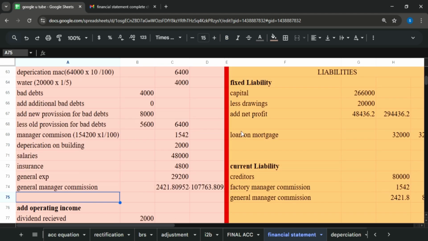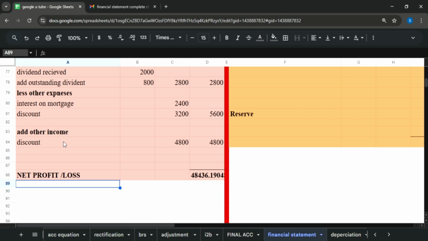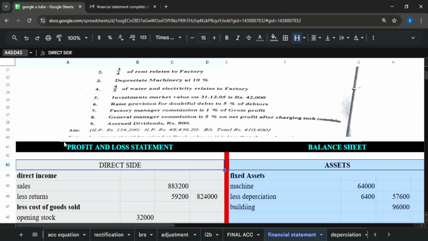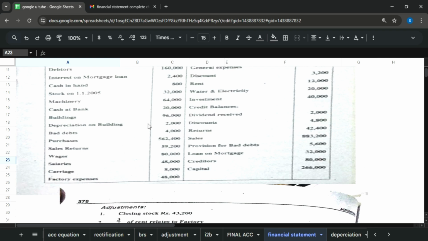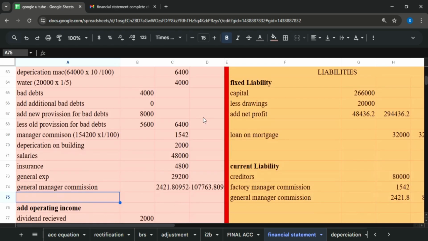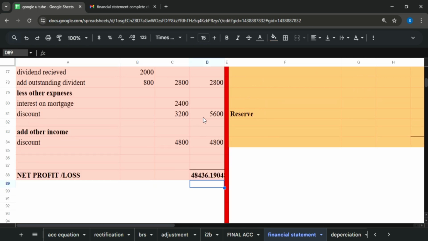So once again, this manager commission was 1542. Instead of 1542 our eyes went to 2000 and we wrote 2000 here. This was first. And secondly, instead of discount received, we have taken amount of dividend received. Anyhow, quickly we have rectified those two amounts and got our balance sheet equalized to our answer.